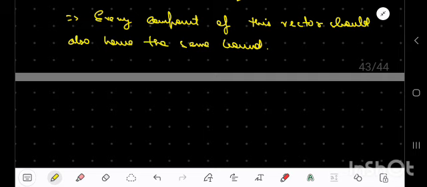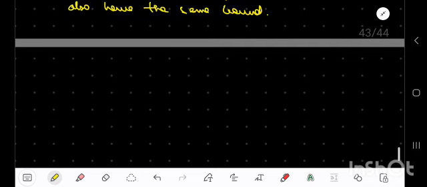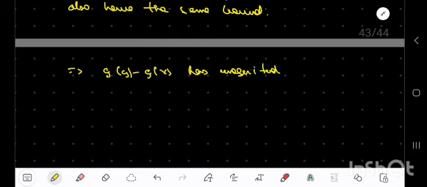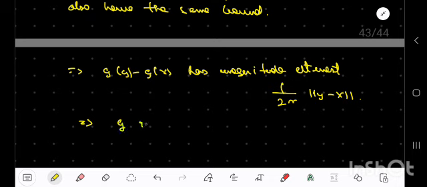But then g(y) minus g(x) must also have the same bound. This implies that g(y) minus g(x) has magnitude at most the same, which implies that g is a contraction, or rather a strict contraction.